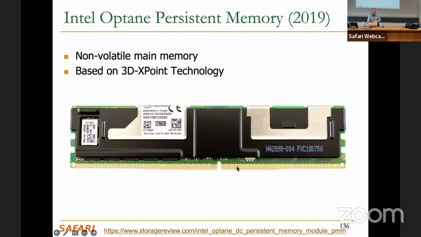Then they use it as persistent memory, people develop libraries to use this Optane memory as persistent memory, and they report results compared to having DRAM as non-persistent memory and an SSD as persistent storage.